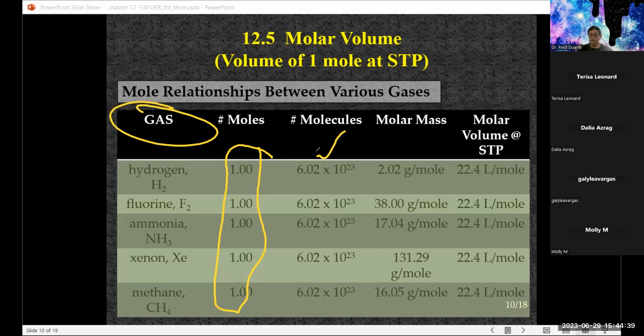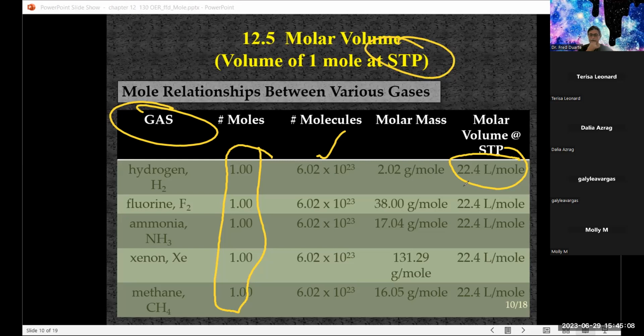Obviously, each gas has a different molar mass. It's a different atom. So hydrogen has a molar mass of 2.02 grams per mole. Fluorine, 38.00 grams per mole, okay, et cetera, et cetera. What they all have in common at STP is that 1 mole occupies a volume of 22.4 liters.